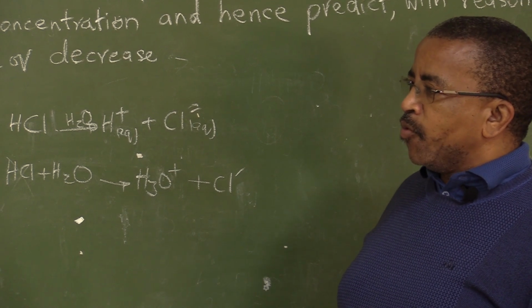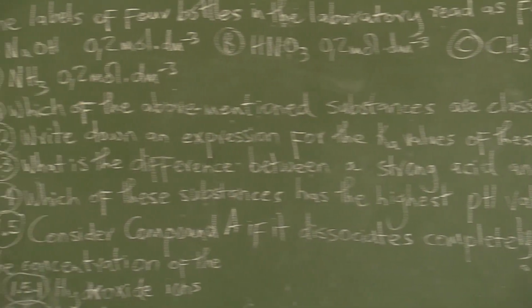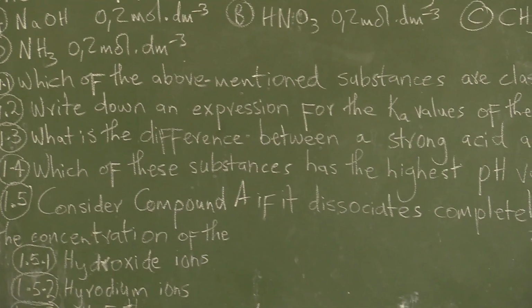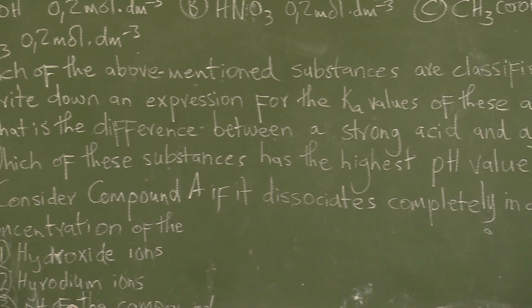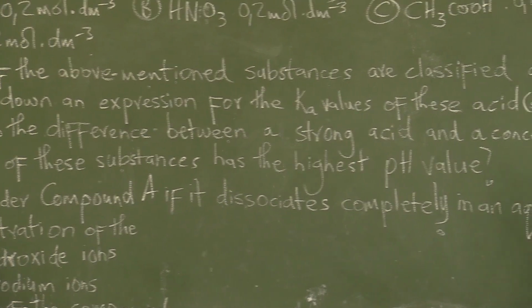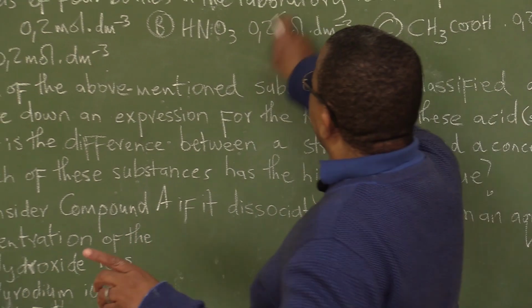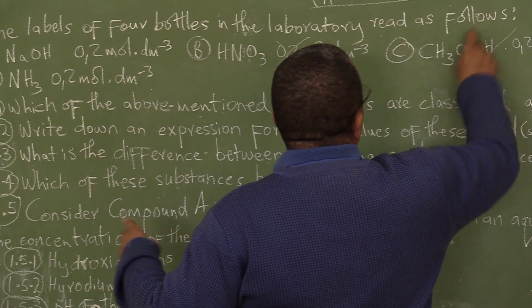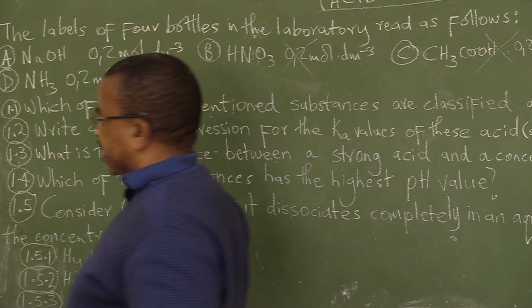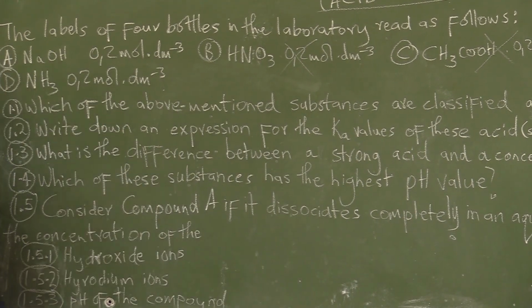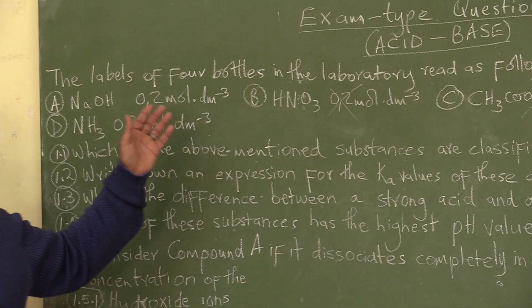1.4. Which of these substances has the highest pH value? If the pH value is high, obviously acids have a low pH value, less than 7. But look at number A, sodium hydroxide.